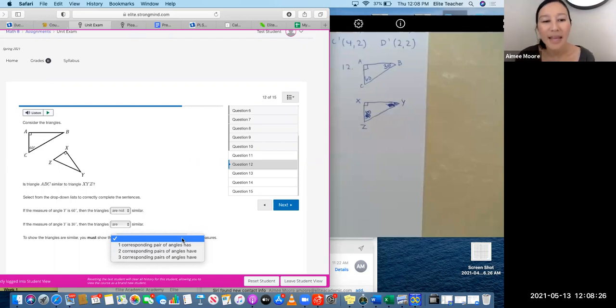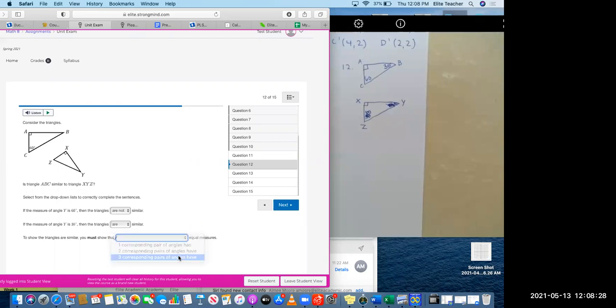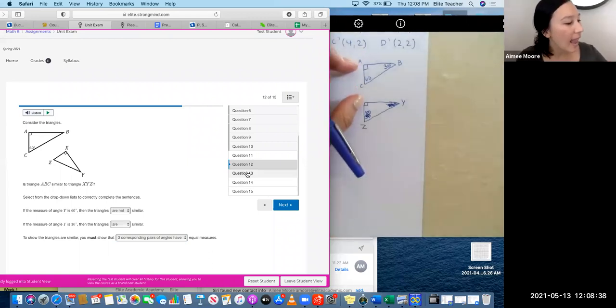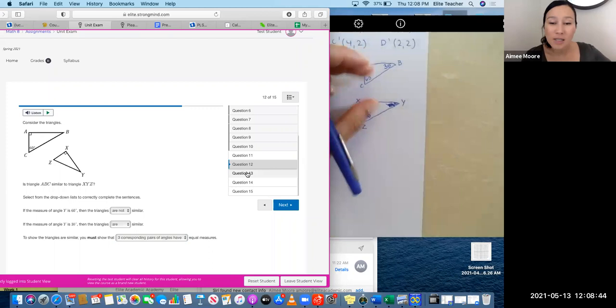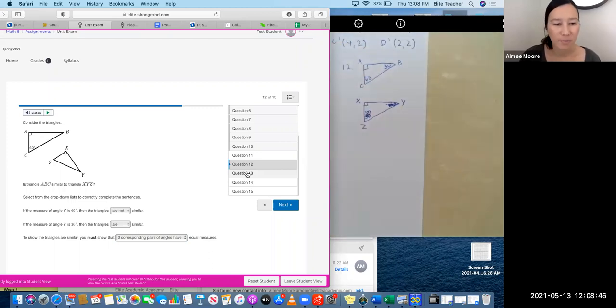Is it 3? Yep, all three of them have to be equal. We just showed that, right? Because A and X were equal, that was 1. If the other 2 are not, then it's not. It has to be all 3 of them in order for them to be similar.